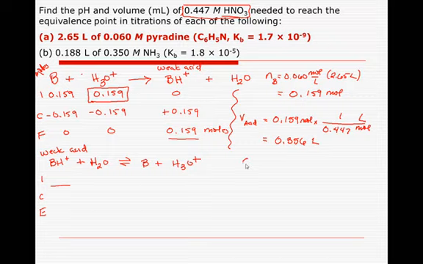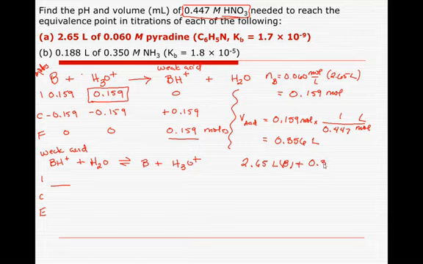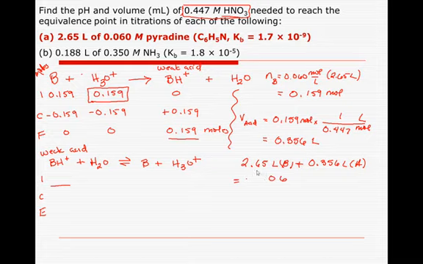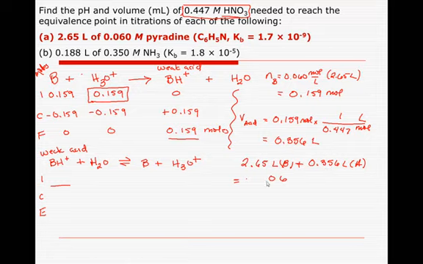I have 2.65 liters of the base, and I have 0.356 liters of the acid, and when I add those two together, I will have 3.006 liters. So there's the volume, the liters of that.